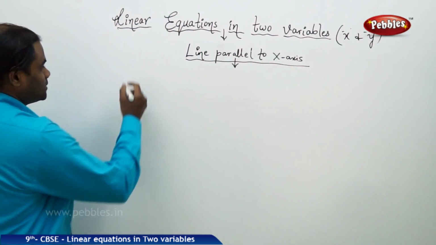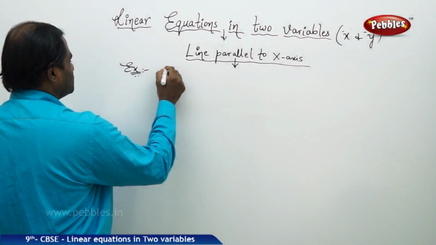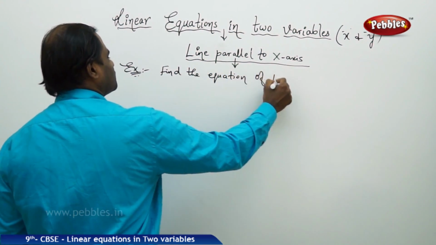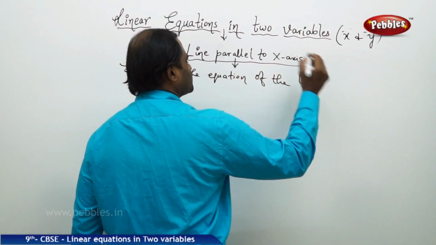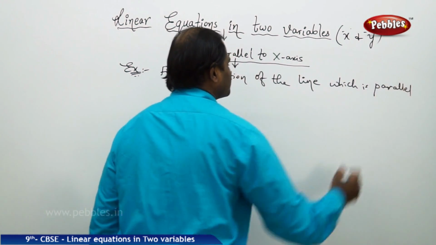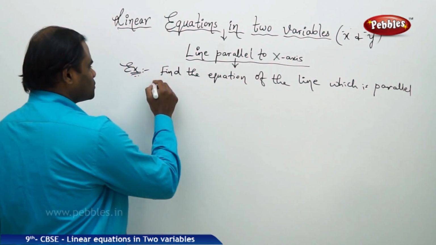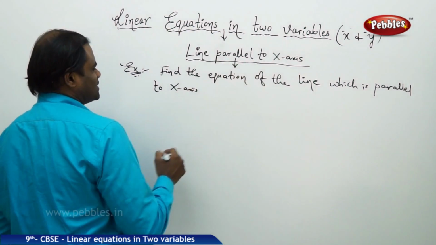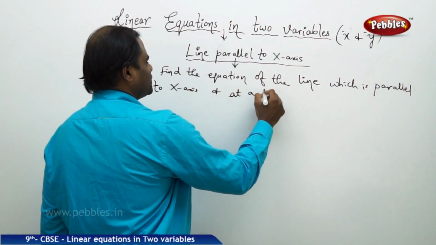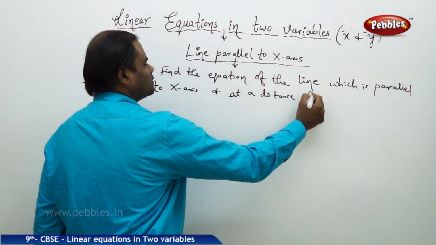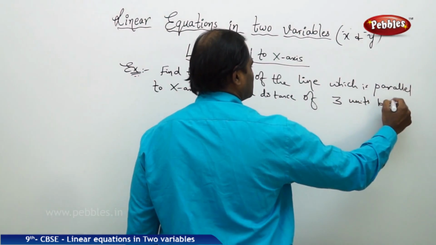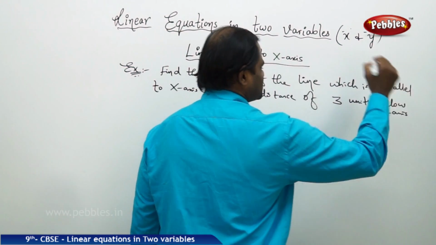The question here says, find the equation of the line which is parallel to the x-axis and at a distance of 3 units below the x-axis.